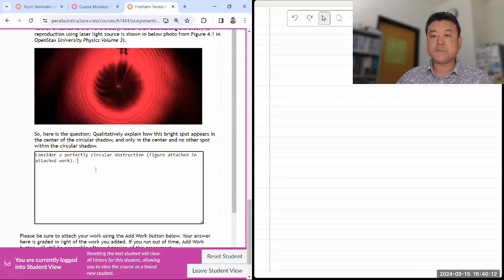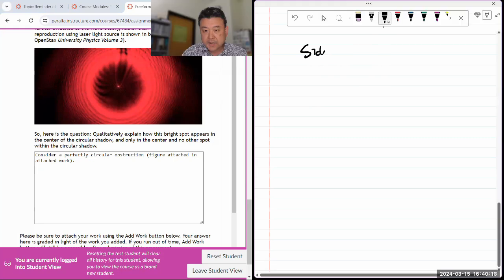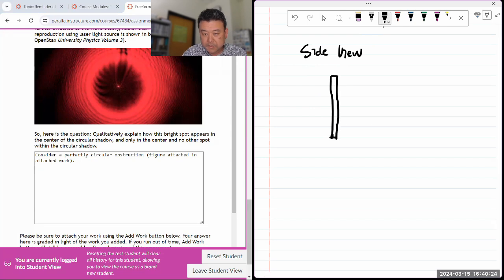Let me draw a side view. This is my circular obstruction. It can be a sphere, or it can also just be an actual circle. It's the precision that matters. And imagine you have a light wave incident on it.